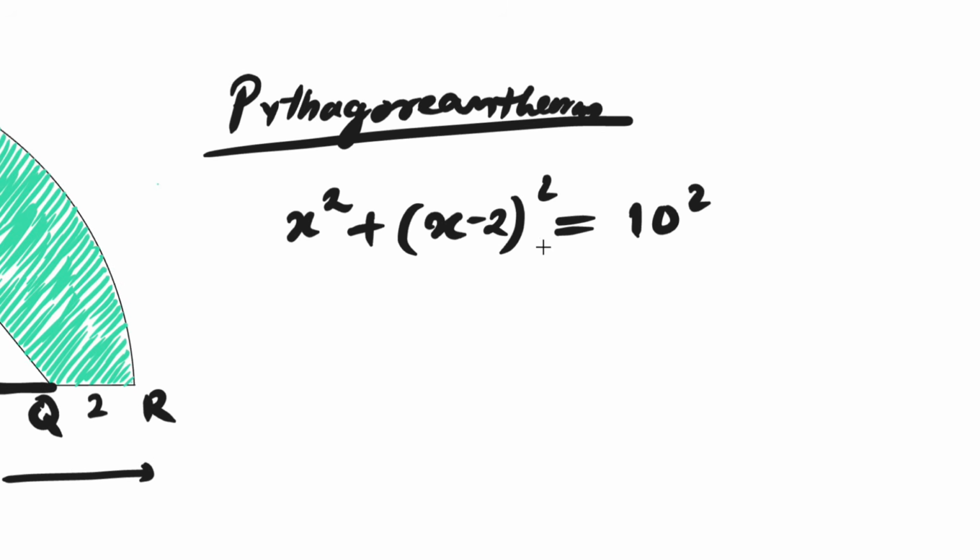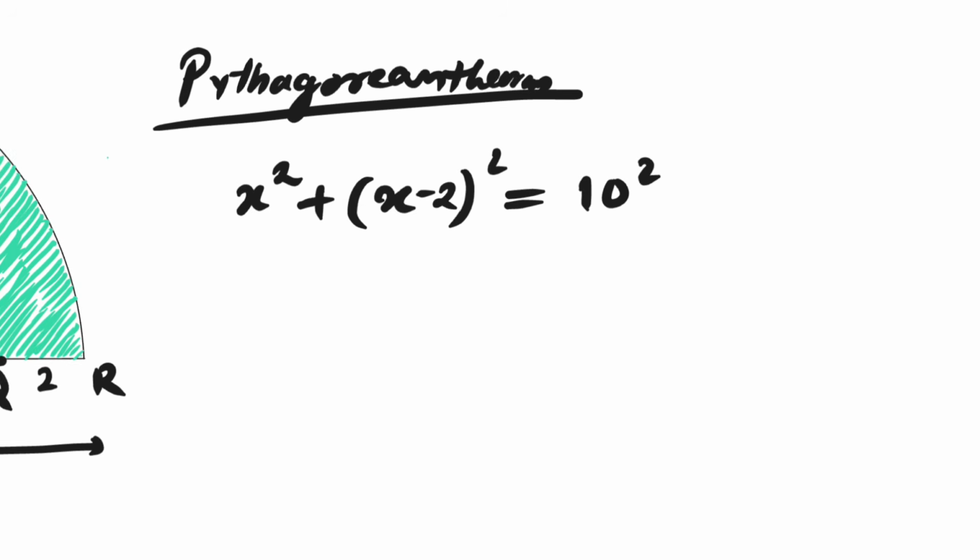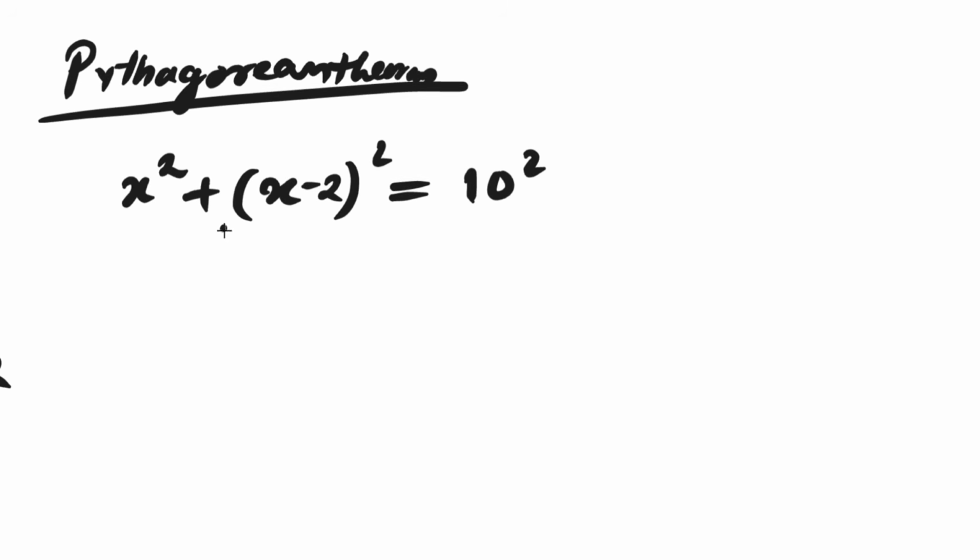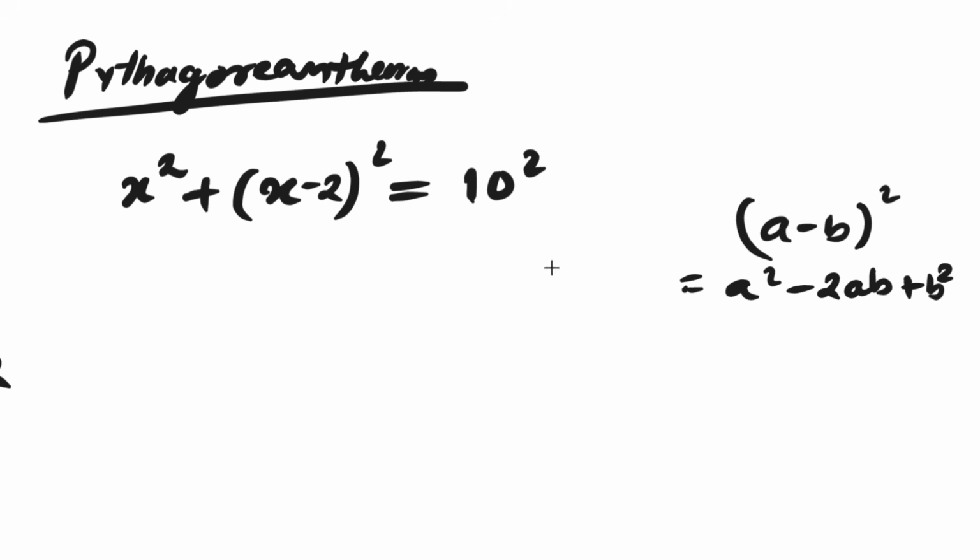Now, let's simplify this equation carefully. The quantity x minus 2 whole squared means we need to multiply x minus 2 by itself. Using the identity (a minus b) squared equals a squared minus 2ab plus b squared, we obtain x squared minus 4x plus 4.